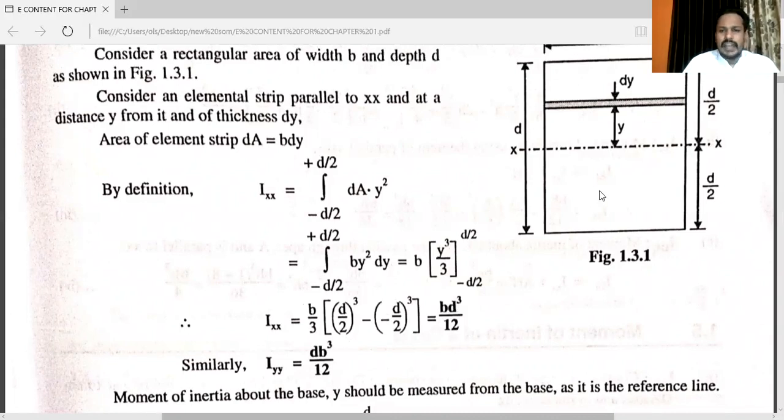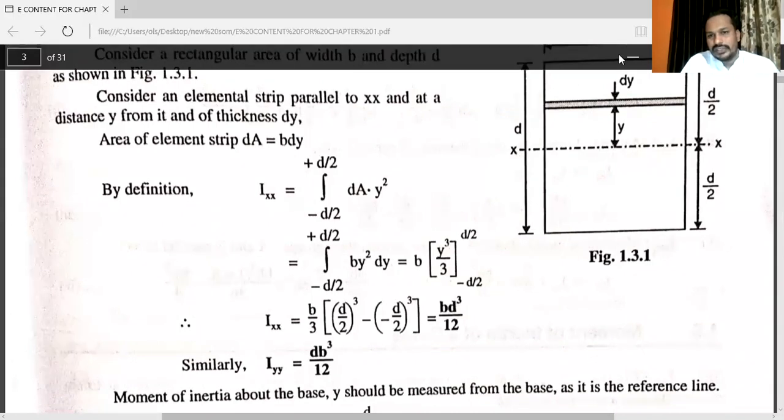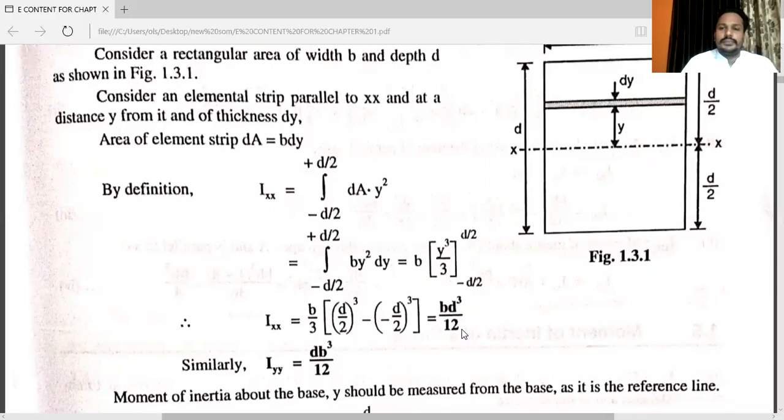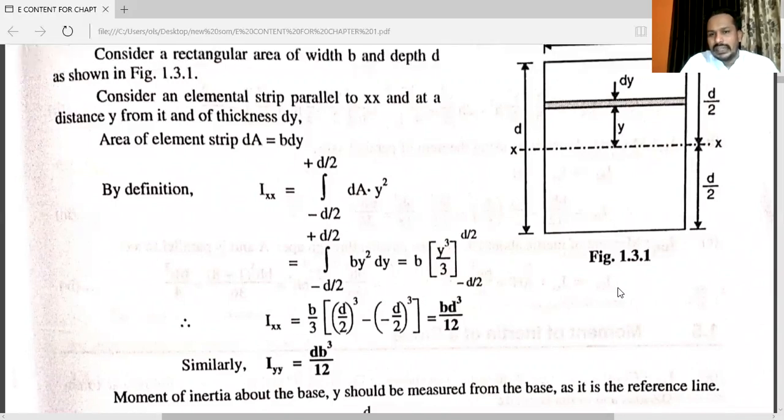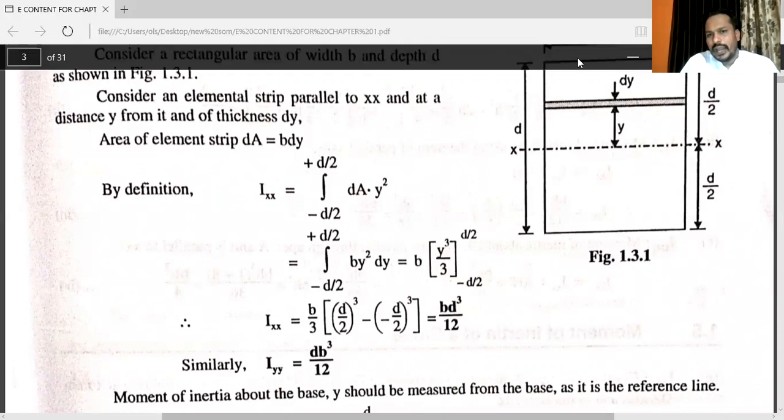In this diagram, we considered xx, the horizontal axis. According to the horizontal axis, this one is the base and this one is the depth. So the formula will be bd cube by 12. When you consider the vertical axis passing through the centroid, that is yy, d will be the base and b will be the depth.